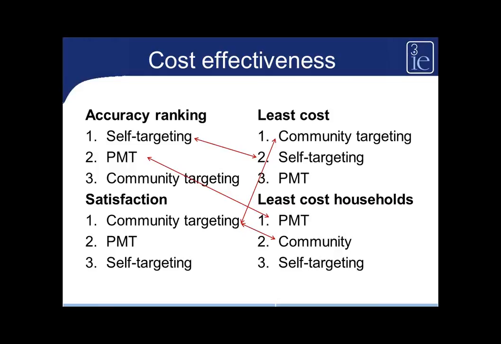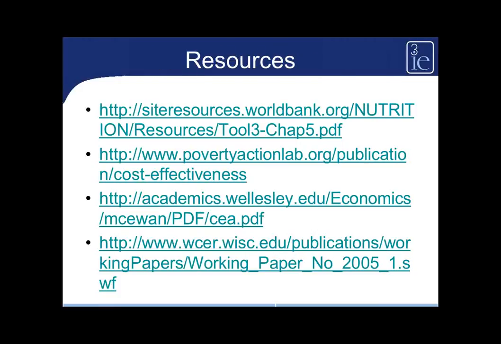So in between periods when they did a full proxy mean test, they're now allowing community groups to make decisions about whether there are rich households that should be excluded and whether there are poor households that need to be added. So this kind of analysis did have a policy impact.